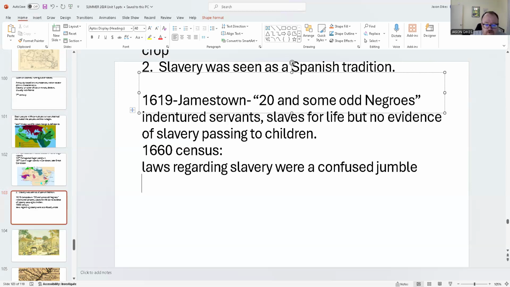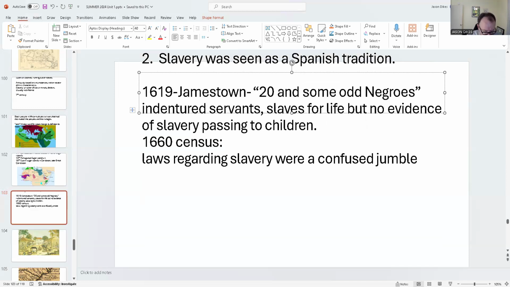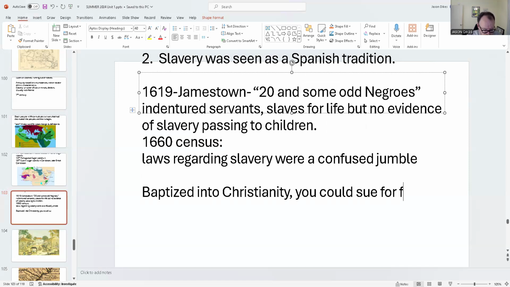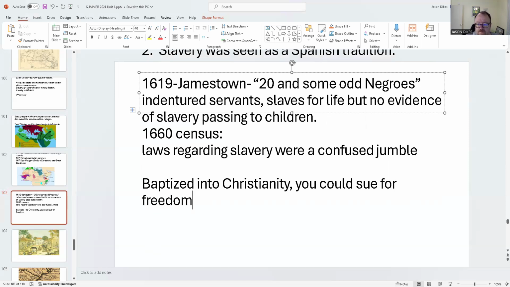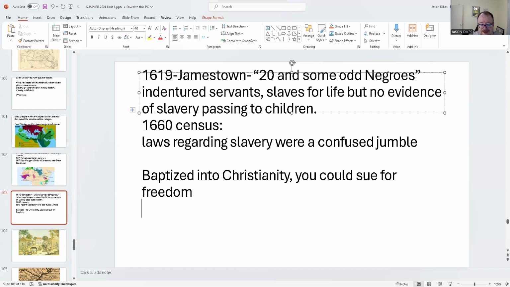We know from court cases that slaves were able to get out of slavery if you were baptized into Christianity. You could sue for freedom. We have court transcripts of where that happened.